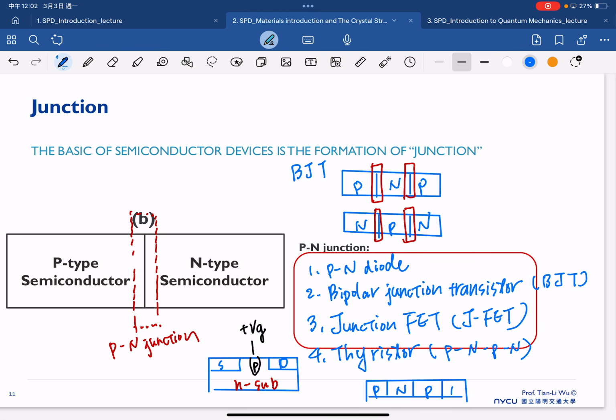P-n, and then in this case, we have 3 junctions. So in the normal semiconductor class, we won't teach the thyristor. It's a very special and dedicated structure for very high power applications. But in a power semiconductor course, usually we will learn the thyristor there.